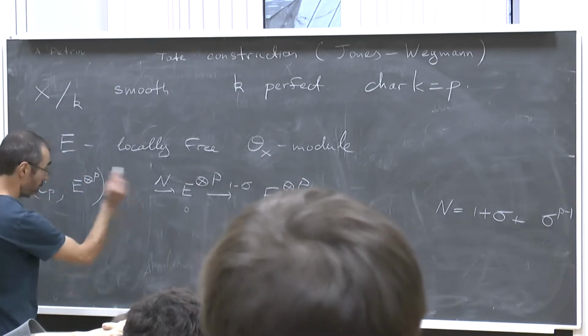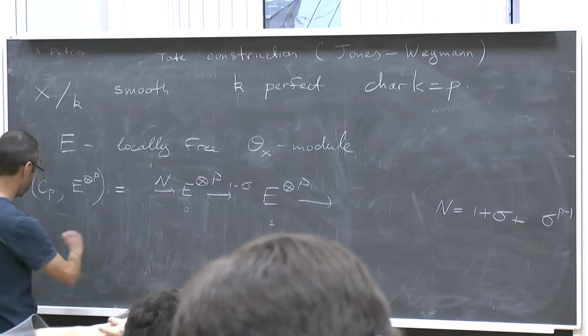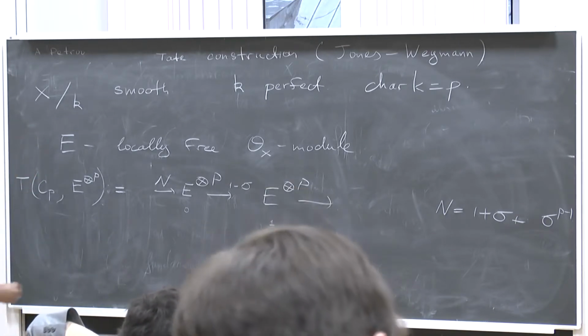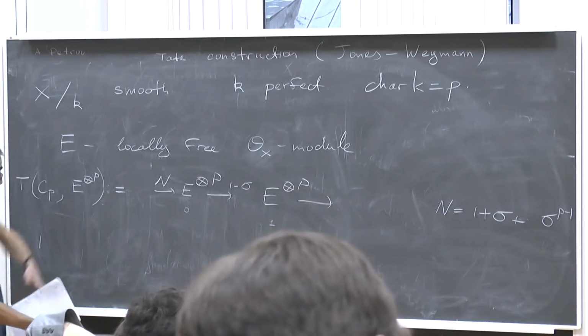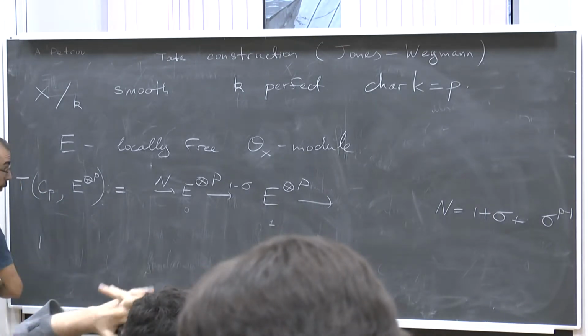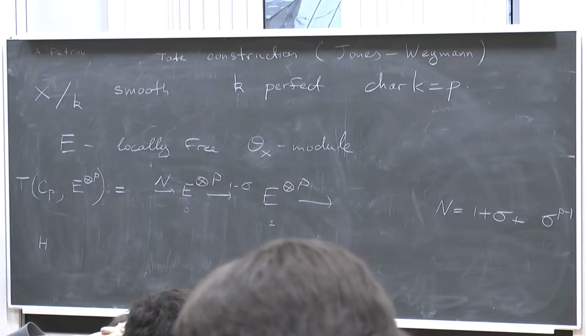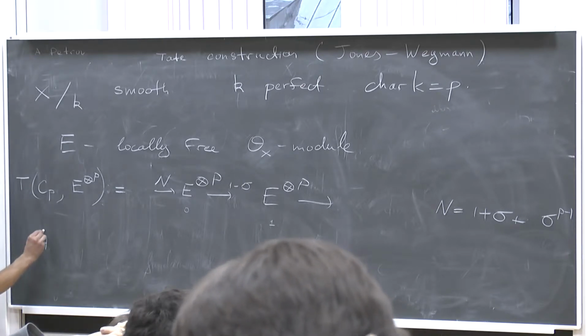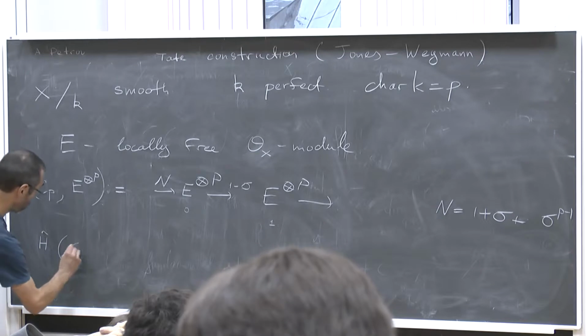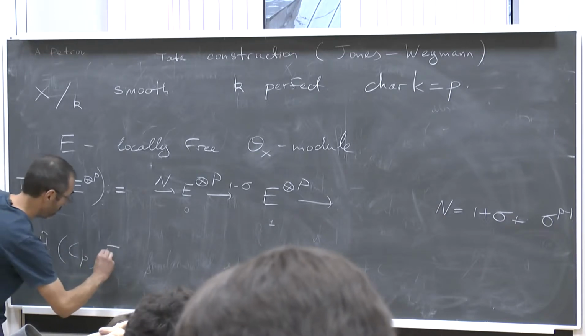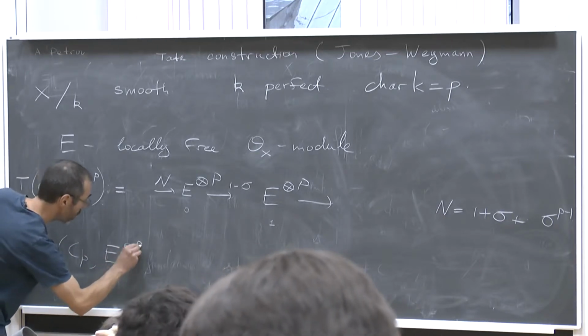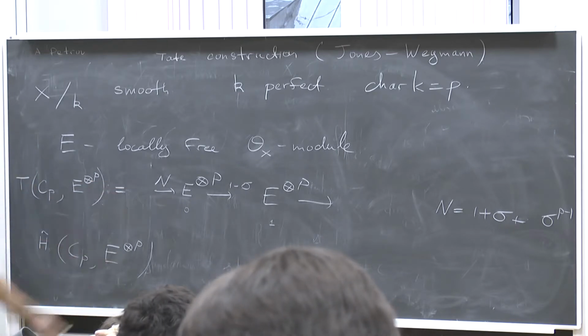One very simple result is, so this is a complex. We can compute its homology, which I'm going to denote by H hat of C_p. So this is just the homology of this complex.